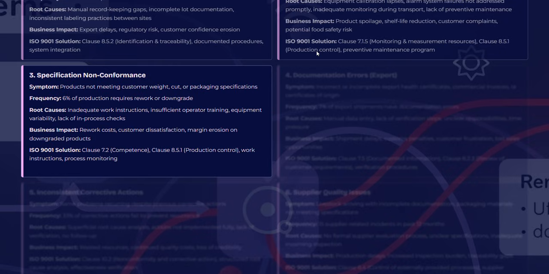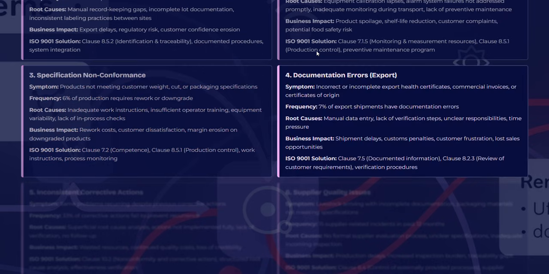Root causes: inadequate work instructions, insufficient operator training, equipment variability, lack of in-house checks. How is this problem impacting the business? It includes rework costs, customer dissatisfaction, margin erosion on downgraded products. How is ISO going to solve this effectively? With clause 7.1 competence and clause 8.5.1 production control. Work instructions will be introduced, along with process monitoring.